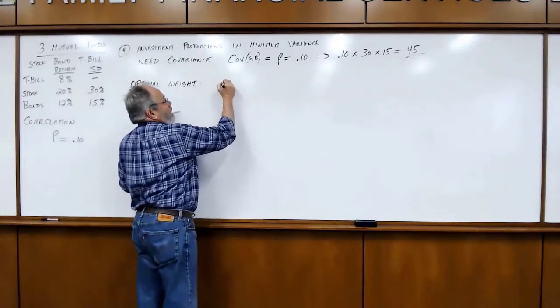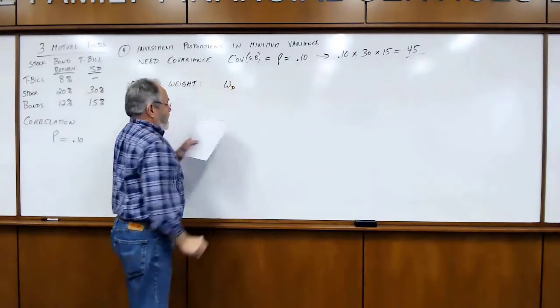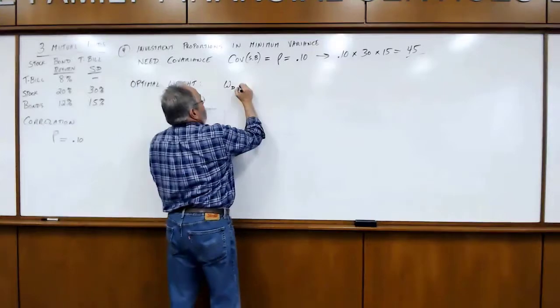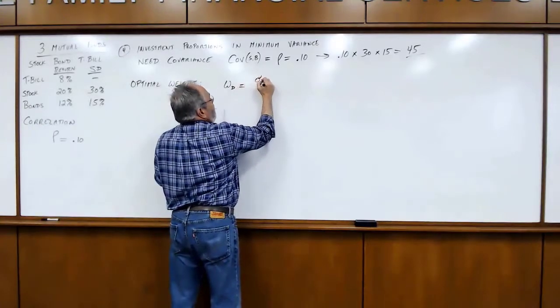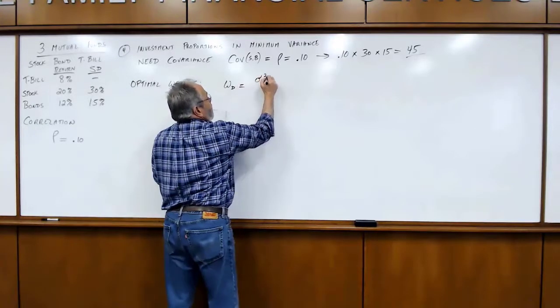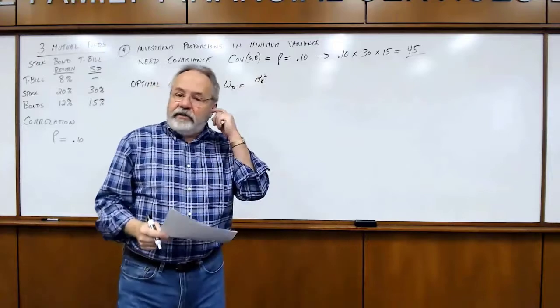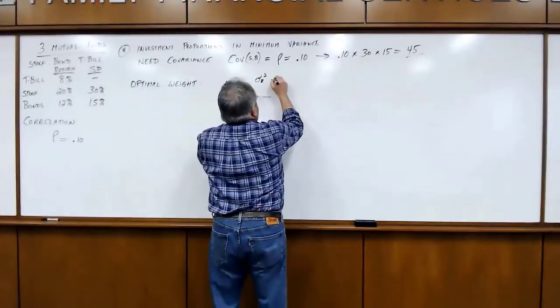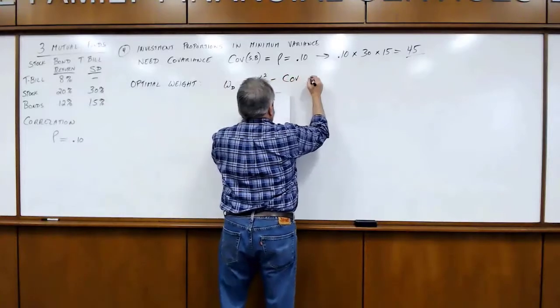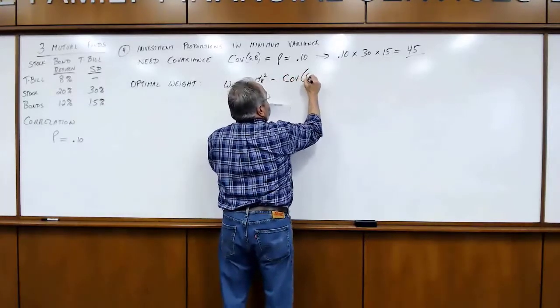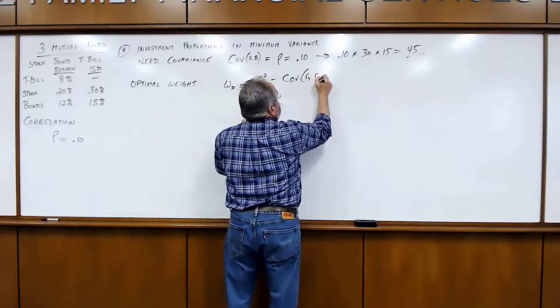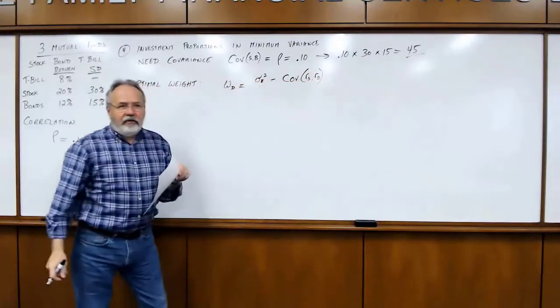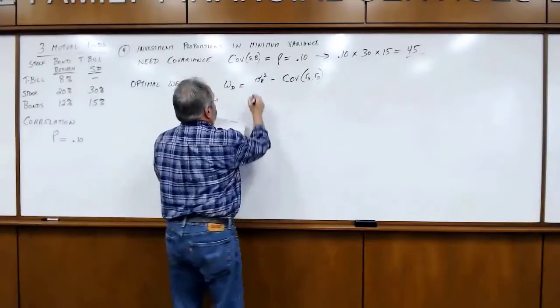Let's use the formula. Weight in debt: sigma equity squared, variance of equity, right? Minus the covariance between the two, right?